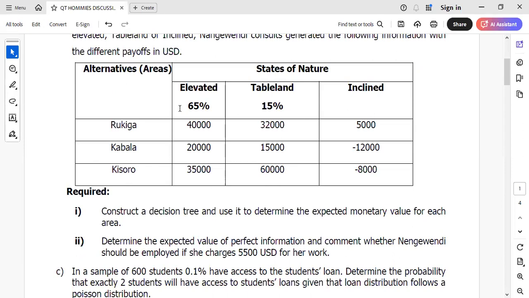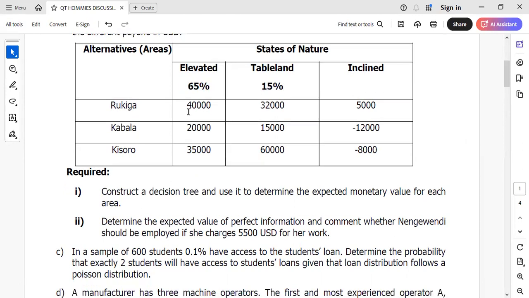Another issue: if you're in an exam and you realize that you're not given percentages, what can you do with states of nature? Assume that the probabilities are equal. You have 3 states of nature, so each will be 1 out of 3.